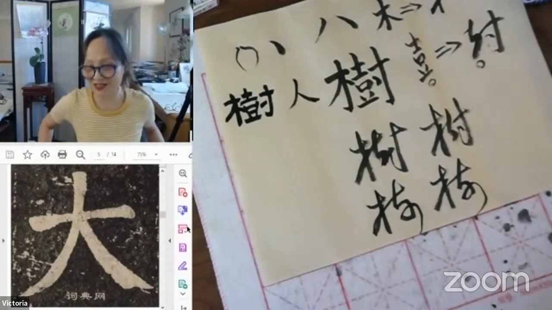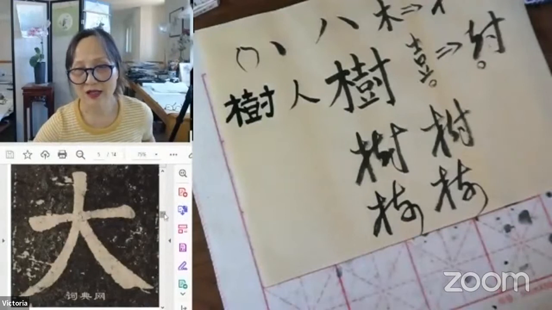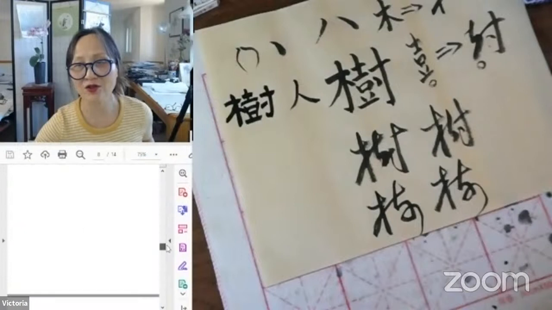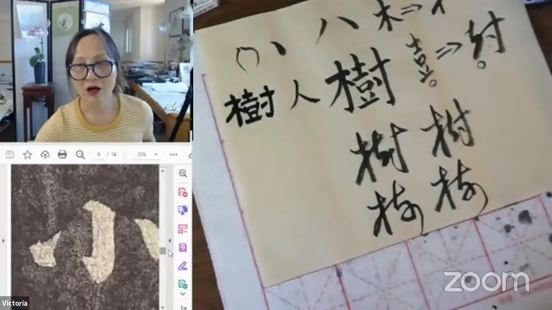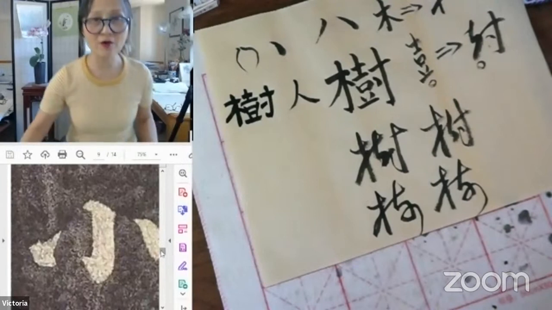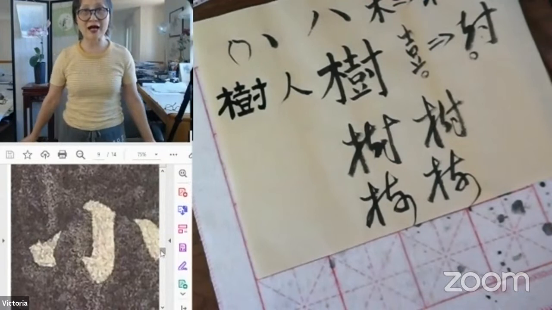Yes, very easy. And then the little or small, in Chinese, looks like one parent walking with two kids, one on each side.